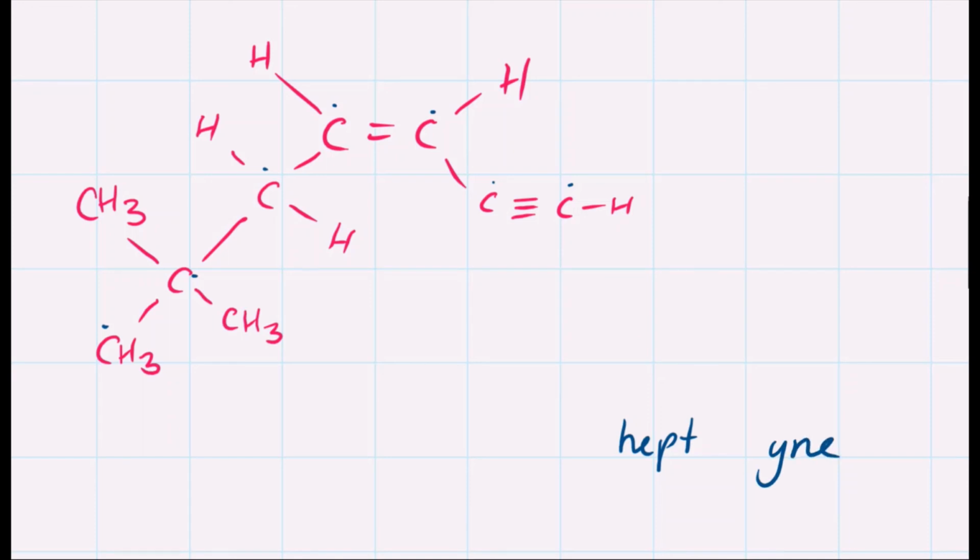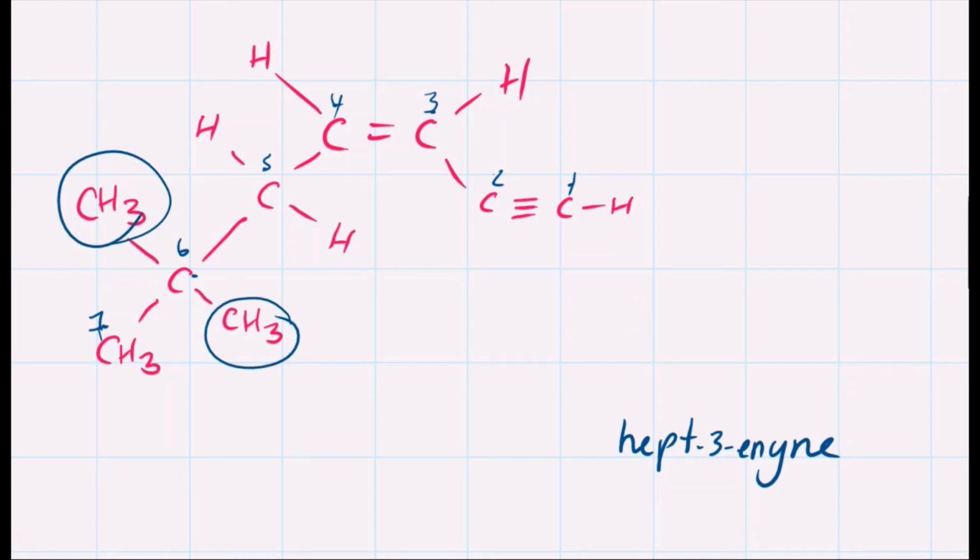The double bond is starting on carbon number 3, so it's going to be hept-3-en-yne. Ugh. And it has 2 methyls coming off there, so it's going to be a dimethyl. And they're both on carbon number 6. 6,6-dimethylhept-3-en-yne.